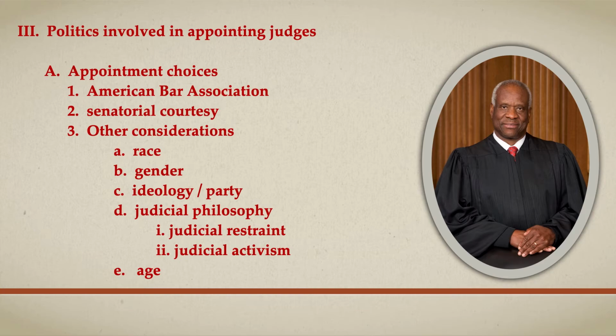President Obama appoints the first Hispanic judge in Sonia Sotomayor in 2010. Why on earth would he specifically want to appoint a Hispanic person? And makes him look good to who? That group of people, Hispanic people.